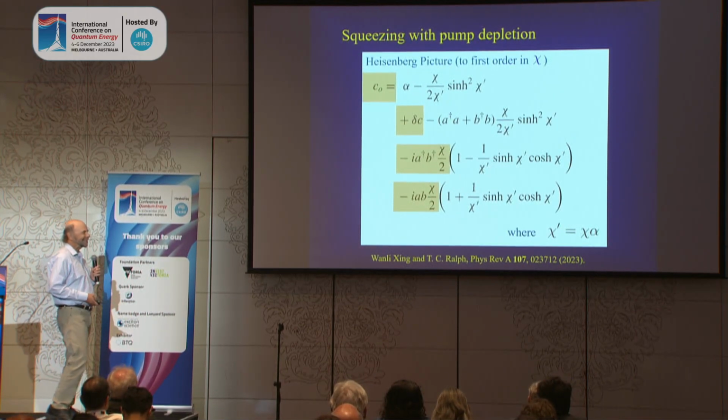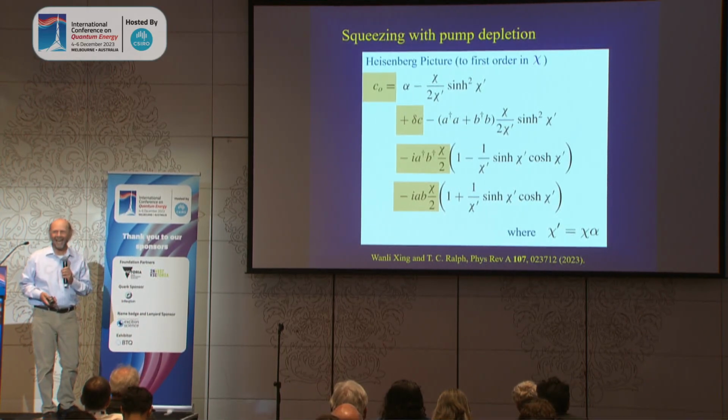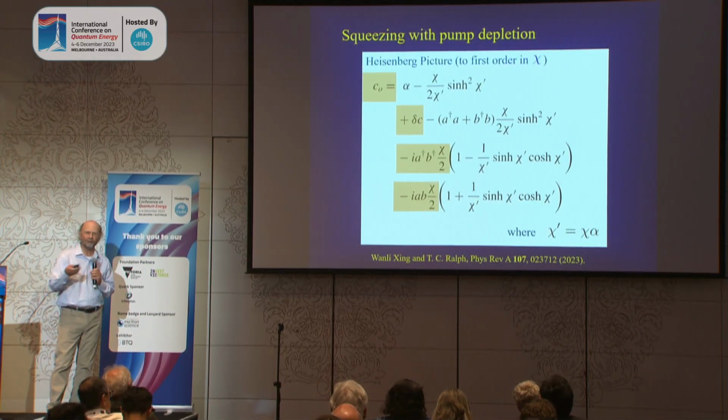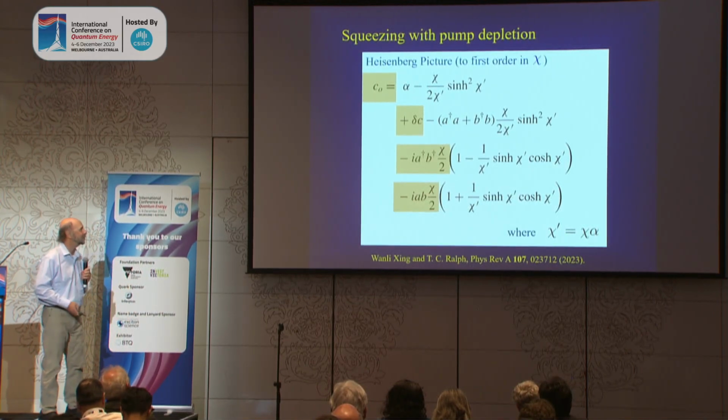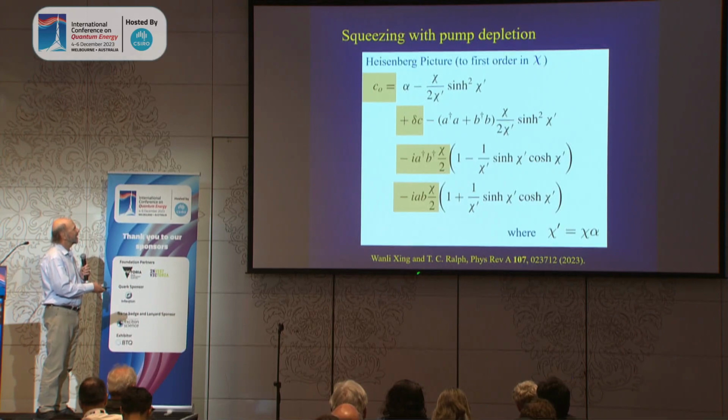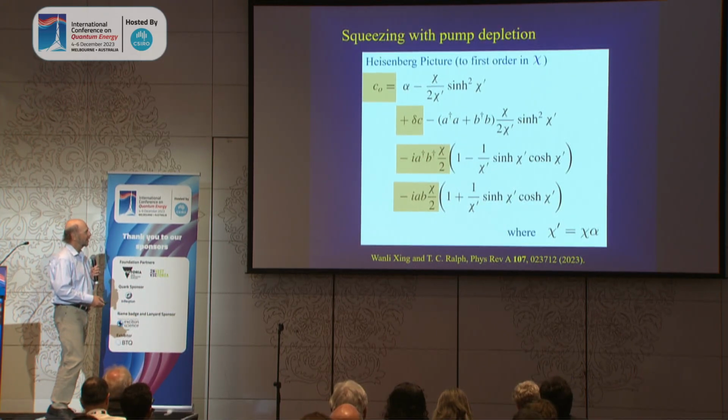Now these terms, you can argue they have to be there as well in order for the commutation relations between the pump and the signal and the idler to be satisfied. At any rate, we notice that these ones only scale with chi. They don't have this annoying chi dash thing.